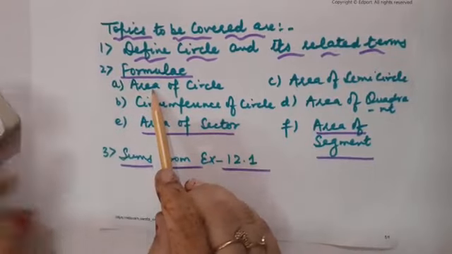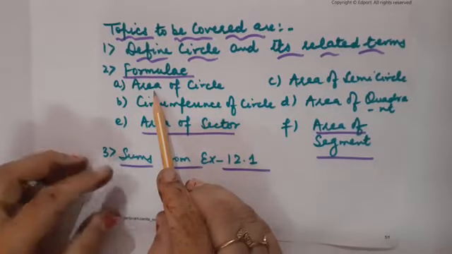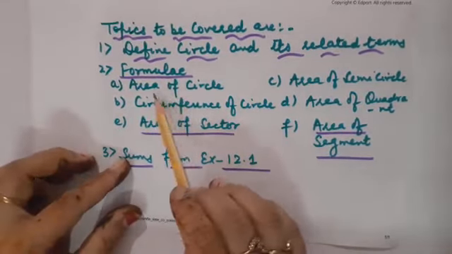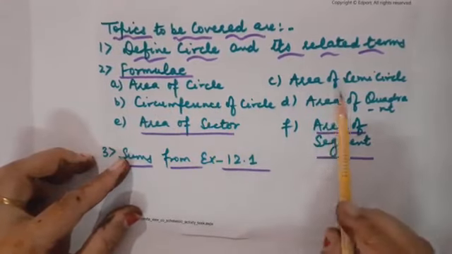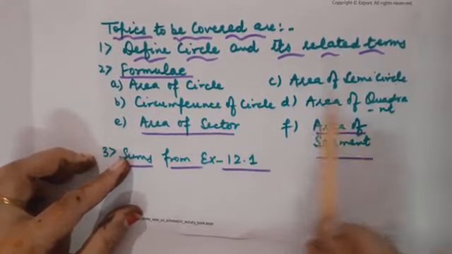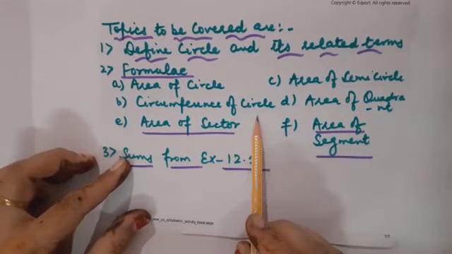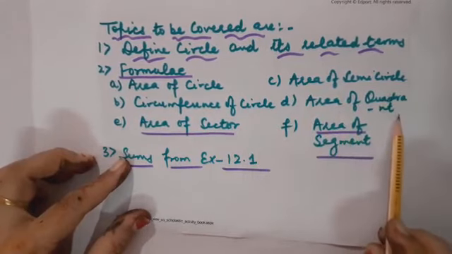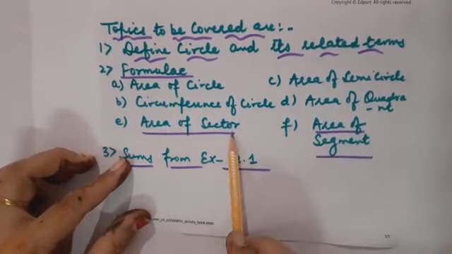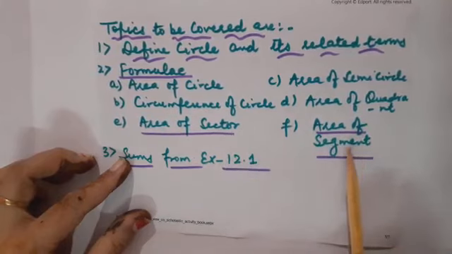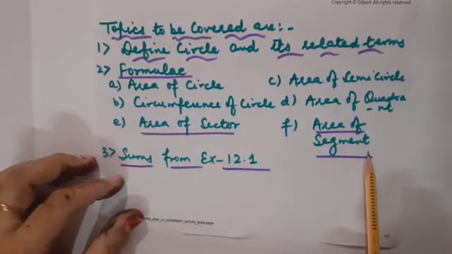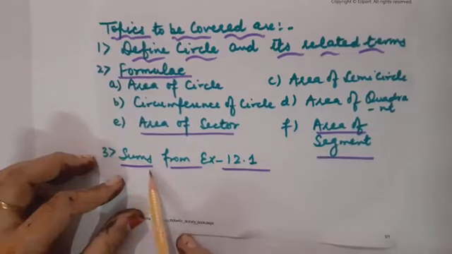After that, children, I will make you learn the formulae of area of circle, area of semicircle, circumference of circle, area of quadrant, area of sector, area of segment, of course. Fine. And children, then we will be doing some questions from exercise 12.1.